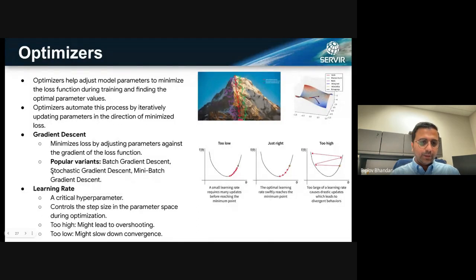This is where stochastic gradient descent comes in. Stochastic gradient descent is where you give just one example at a time to the network. It will learn on one example, move it through the network, calculate the error, backpropagate, and then adjust those parameters.